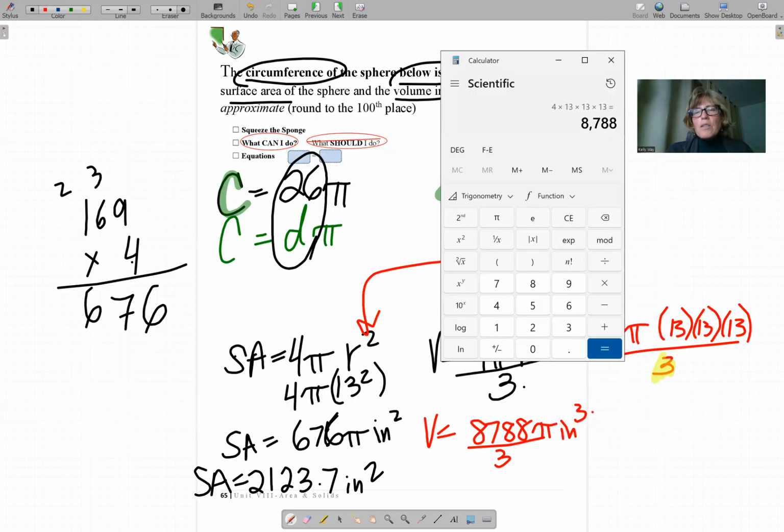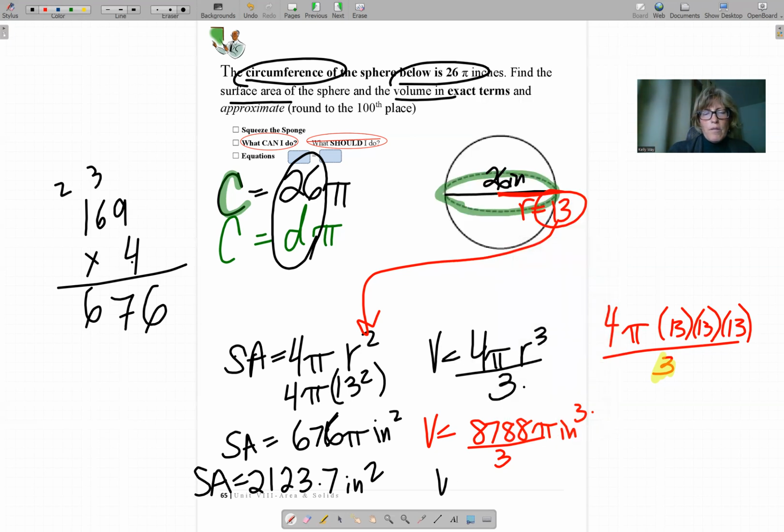We have 8788 times pi and divide by 3, 9,202.8 inches cubed. Start with what you have, not with what you need.